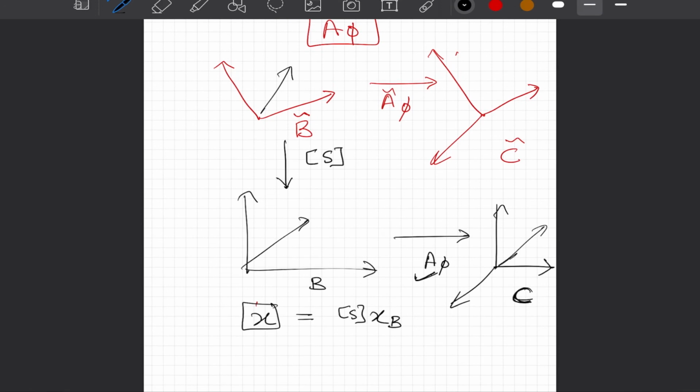As we mapped B tilde to B using S, we can also map, let us say, Y to YC.